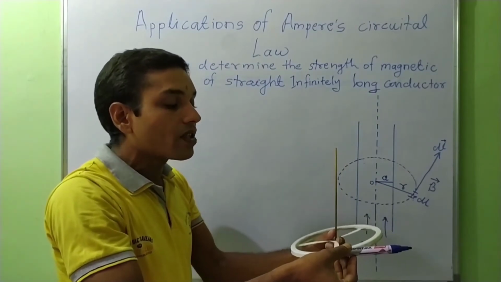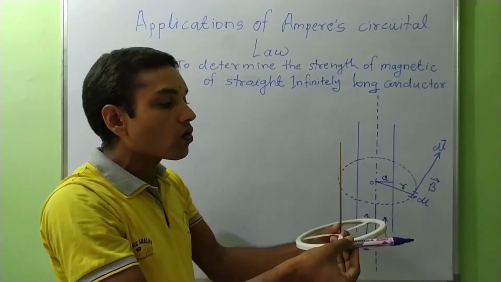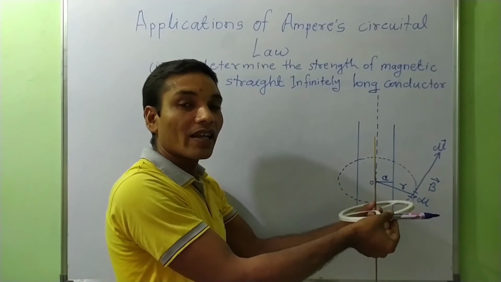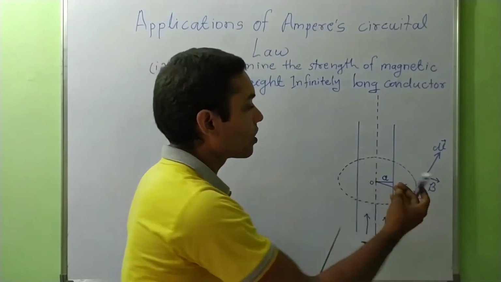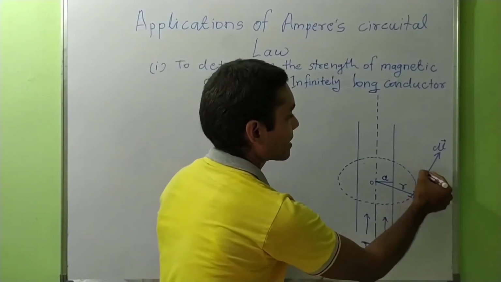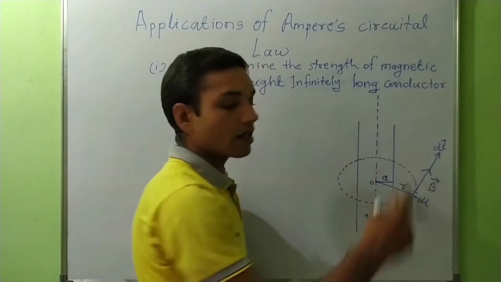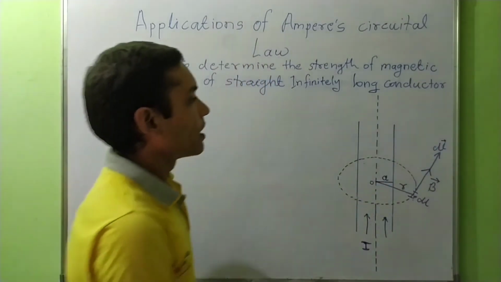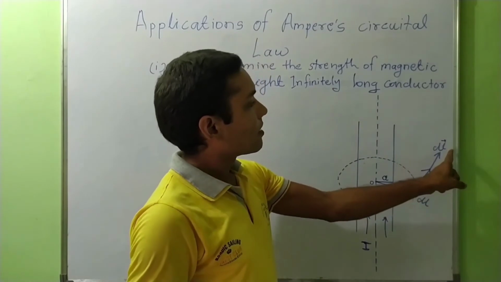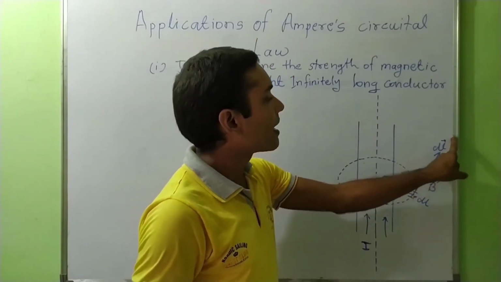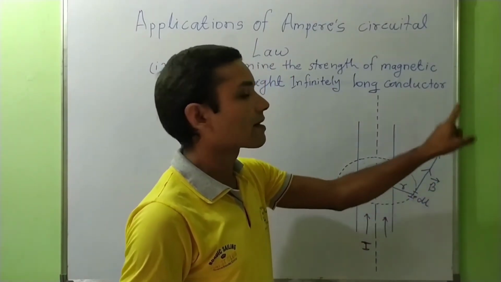The direction of this tangent will show the direction of magnetic field. So this is the tangent, and the direction of magnetic field will be along the direction of tangent. Here you can see that the direction of dl and the direction of B are the same.